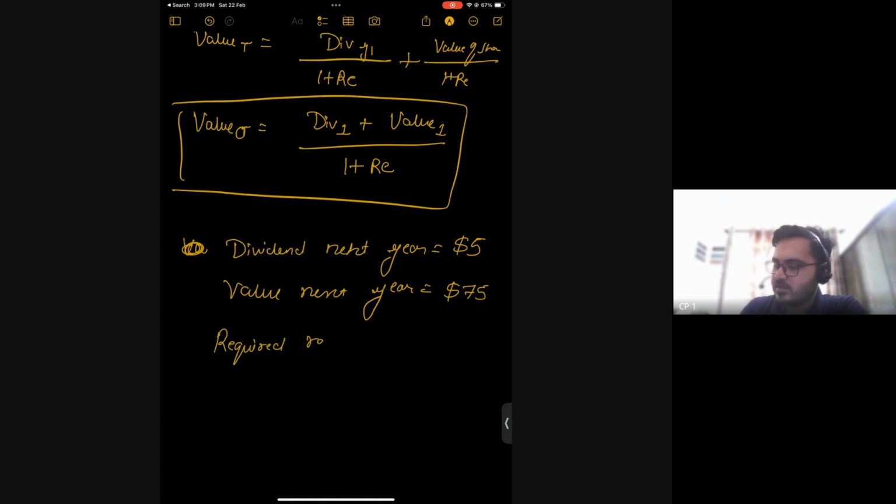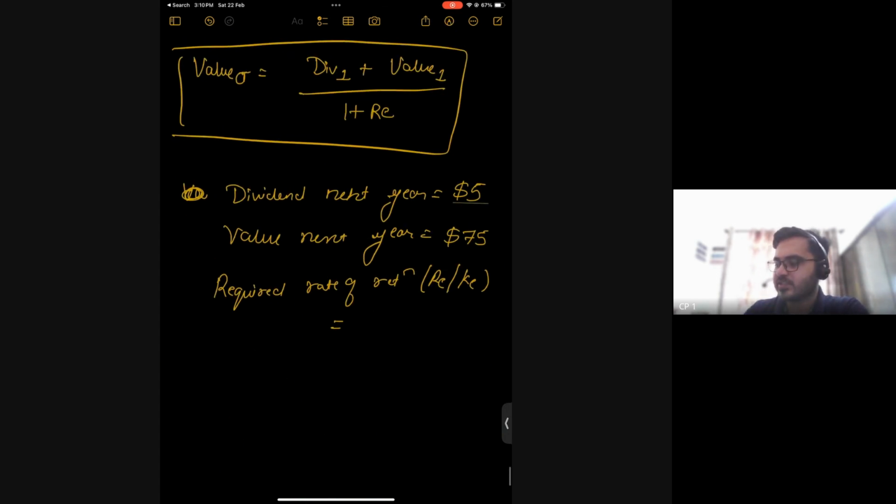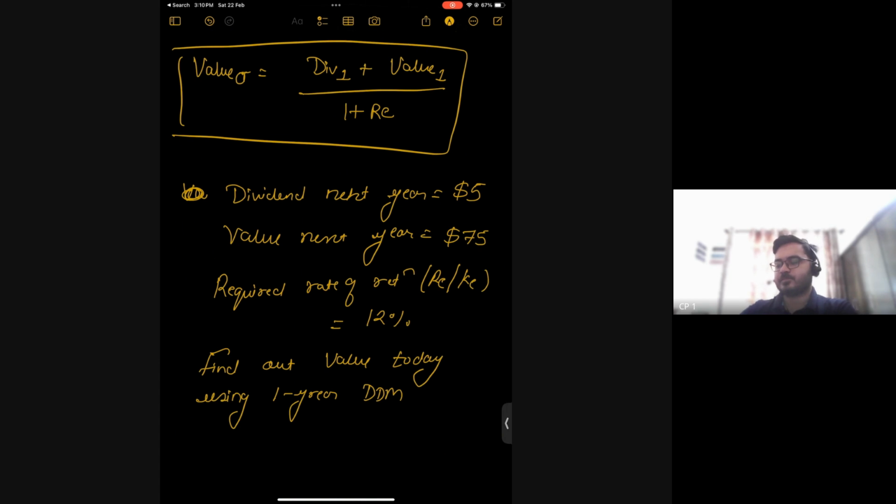Required rate of return, it can be RE, it can also be KE, which is cost of equity. Both are interchangeable in this situation. Let's assume that is 12%. Find out value today using 1 year dividend discount model. Can you try and solve this question? I think it's a fairly simple, straightforward one.